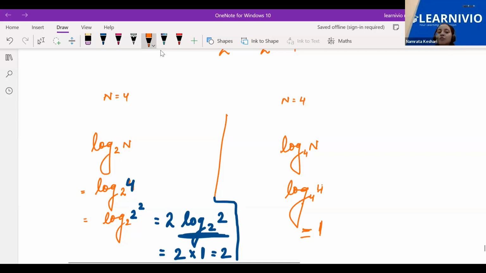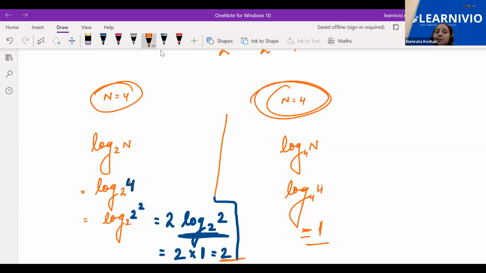So what are we noticing as the pattern over here? Even if the input value we are taking is the same, the output became different due to the base. That's why base matters over here. Are you realizing that base also matters?